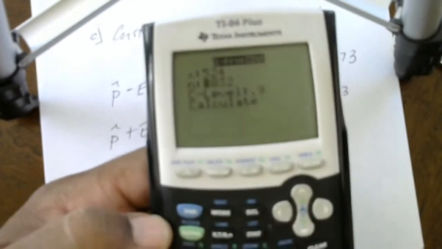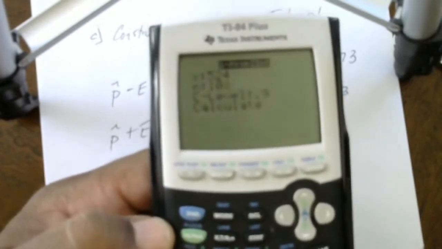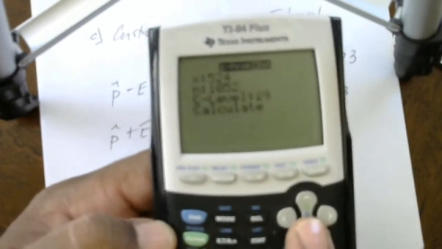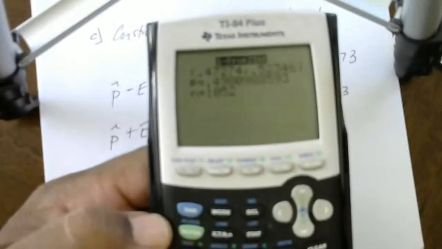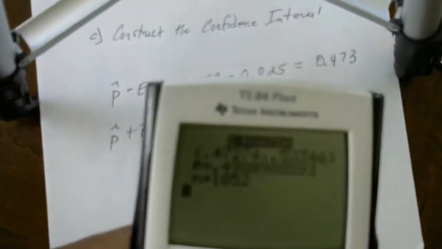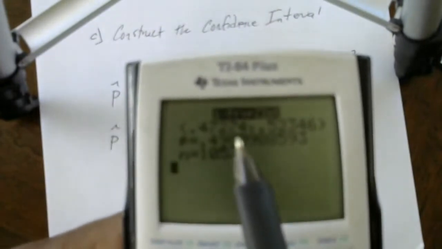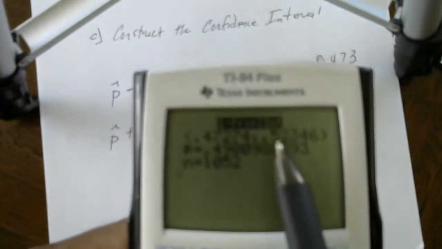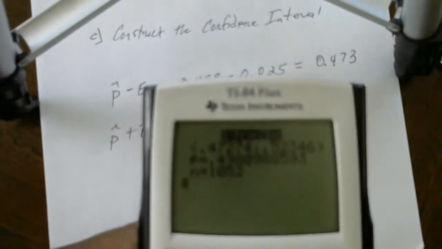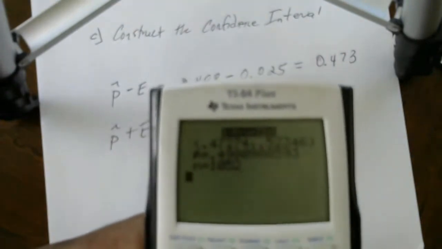It asks for N, which is 1052. I have my confidence level as 0.9, and if I calculate, notice we get the same interval, 0.473 to 0.523. So I used a one proportion Z interval.